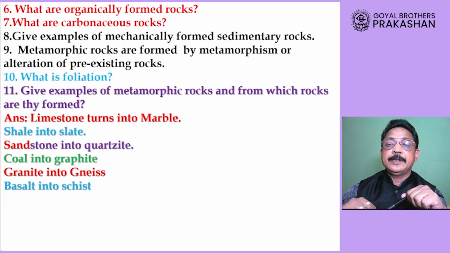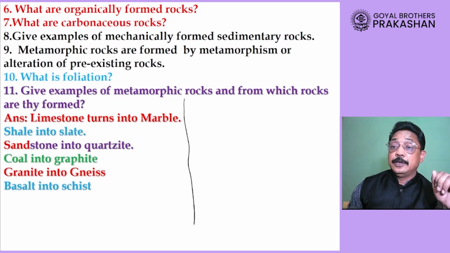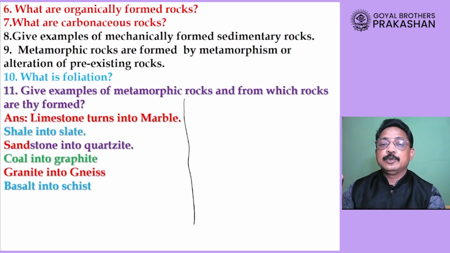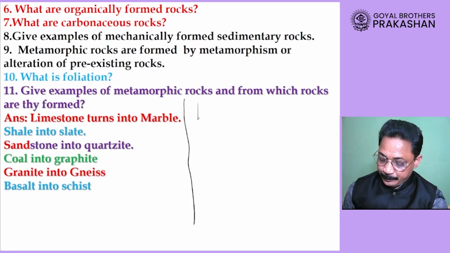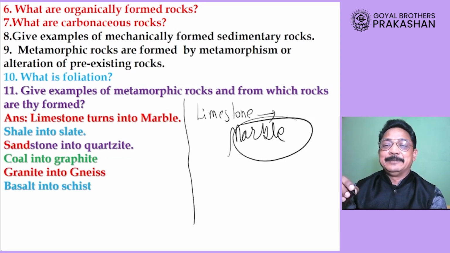Question number 11. Give examples of metamorphic rocks and from which rock they are formed. Now here I have put up the list, dear student, that you will have to learn. For example, limestone, a sedimentary rock, gets converted into the metamorphic rock called marble.